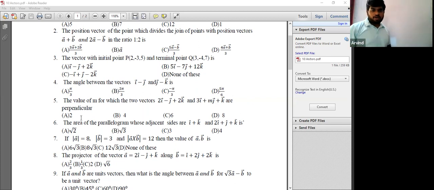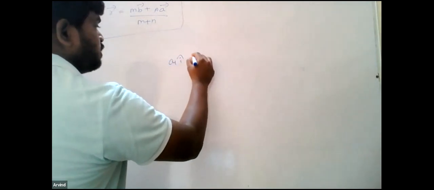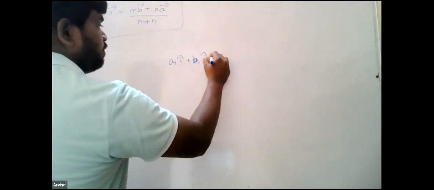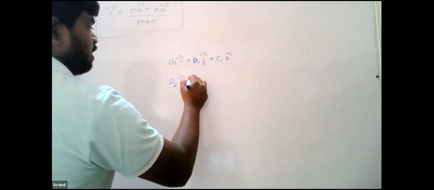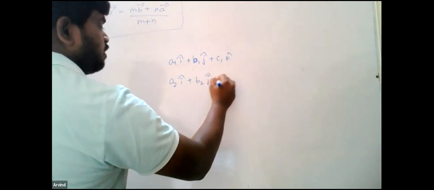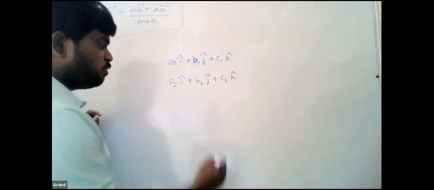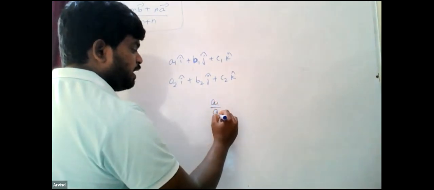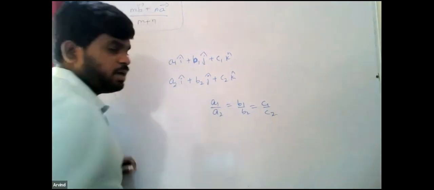For parallel, if suppose two vectors are in this form, a1 I cap plus b1 j cap plus c1 k cap, and the other vector is a2 I cap plus b2 j cap plus c2 k cap, then you can take this condition: a1 by a2 should be equal to b1 by b2 should be equal to c1 by c2.